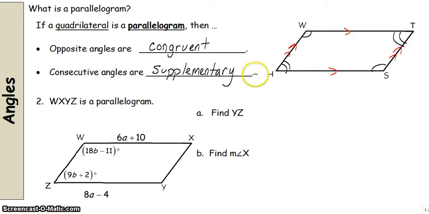If WT is parallel to HS, these are considered same side interior angles, so they are supplementary. Because WH is parallel to TS, H and S are same side interior angles, so they are supplementary. Since W and S are both supplementary to H, that's how we can conclude that W is congruent to S.